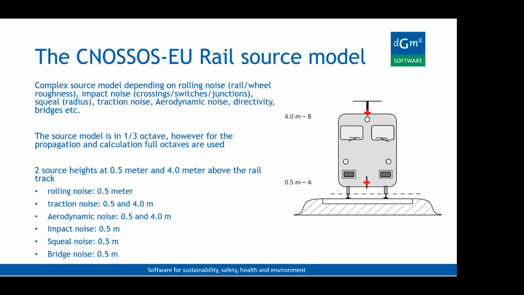So in fact, the source model is calculated in 1/3 octaves, but then it's shown in full octaves. It has two source heights at 0.5 meter above the track and 4 meters above the rail track. And the separate types of noise are also divided over these two source heights. Rolling noise at 0.5 meter, traction noise 0.5 meter and 4 meters, aerodynamic noise 0.5 meter, and impact noise, squeal, and bridge noise all at 0.5 meter height.